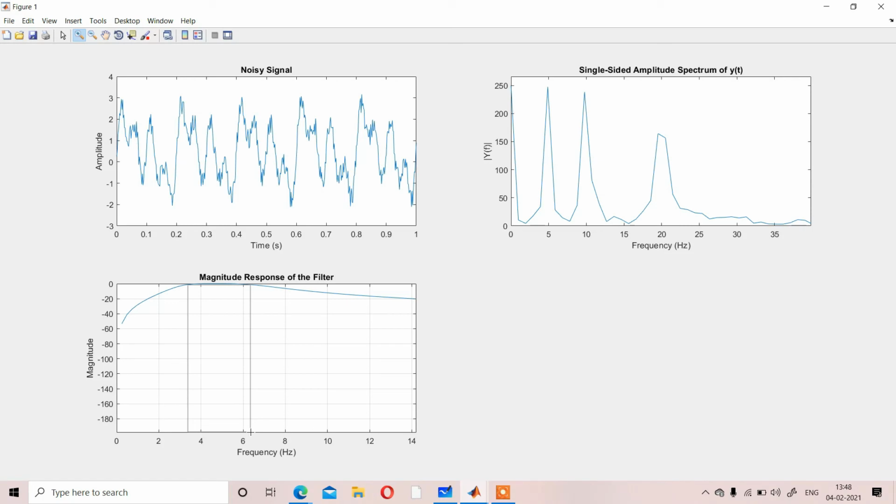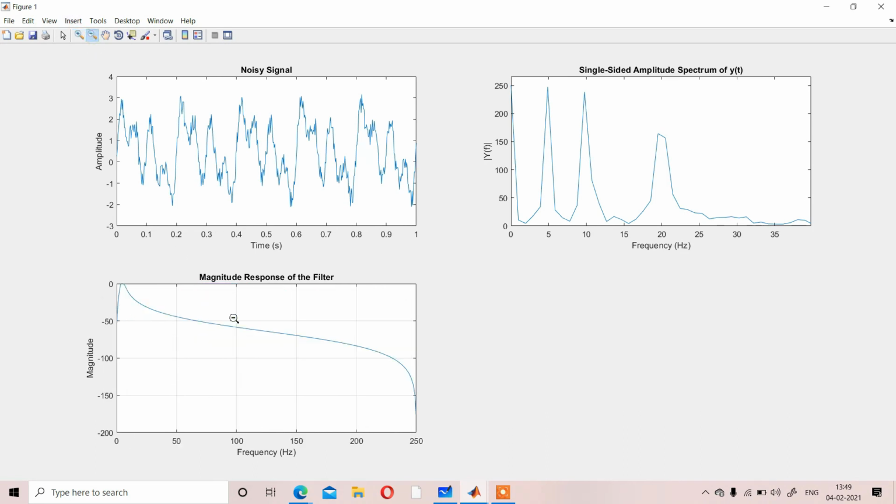Others are gradually decreasing. Okay, that is an ideal band pass filter, which is passing the range from 3 to 7. So if we do that, from 3 to 7 the frequency will pass.